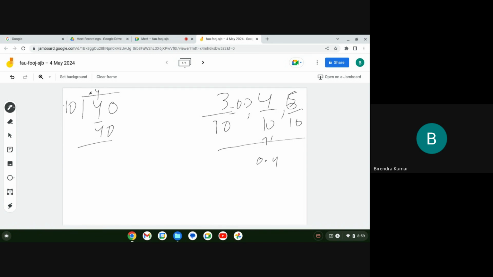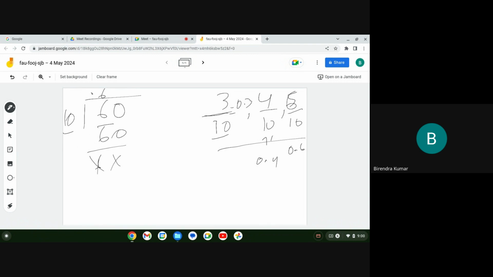Now look at another one. I'll tell you, Ishan, why I'm doing all this. Now let's do 6 by 10, meaning divide 6 by 10. 6 is smaller than 10, so I have to make it bigger. Decimal magic helps me with that. 10 times 6 is 60.